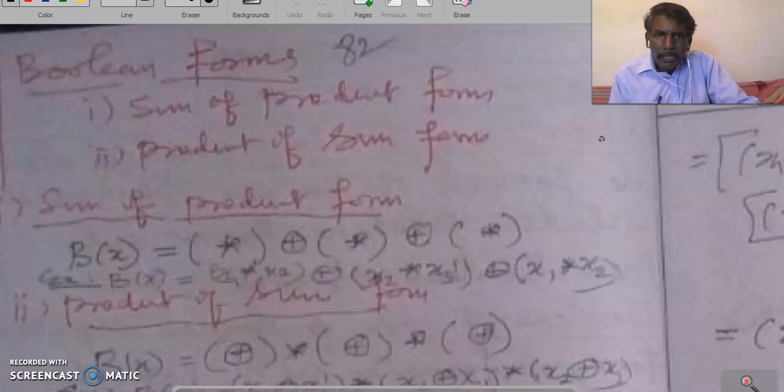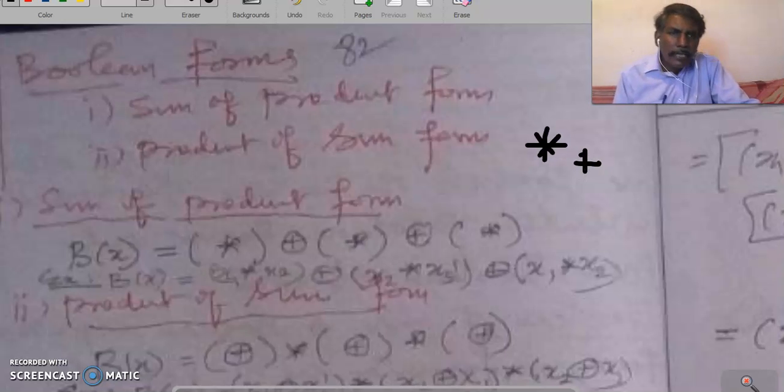The meet is represented by the star or asterisk, and join is represented like this. Okay, so look at this particular form. Sum of product means what? Join of meet.